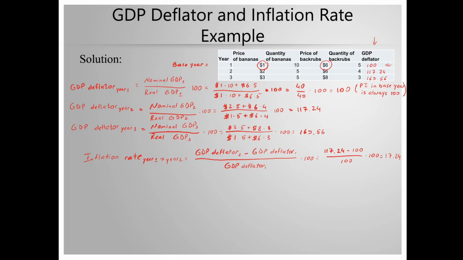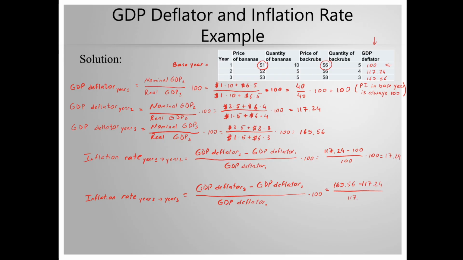Now let's calculate the inflation rate from year 2 to year 3. Again, we're using new minus old over old times 100. That is the GDP deflator in year 3 minus the GDP deflator in year 2, over the GDP deflator in year 2, times 100. That is 169.56 minus 117.24, divided by 117.24, times 100.